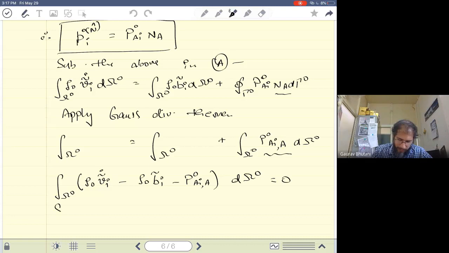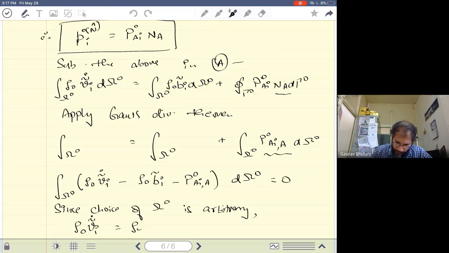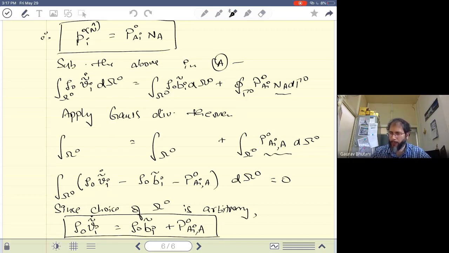So we can write, since choice of omega naught is arbitrary, this is the equation of motion in the material form.